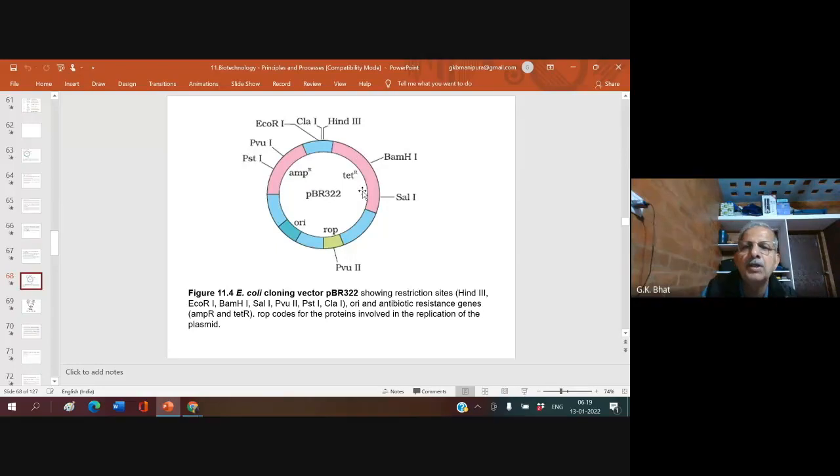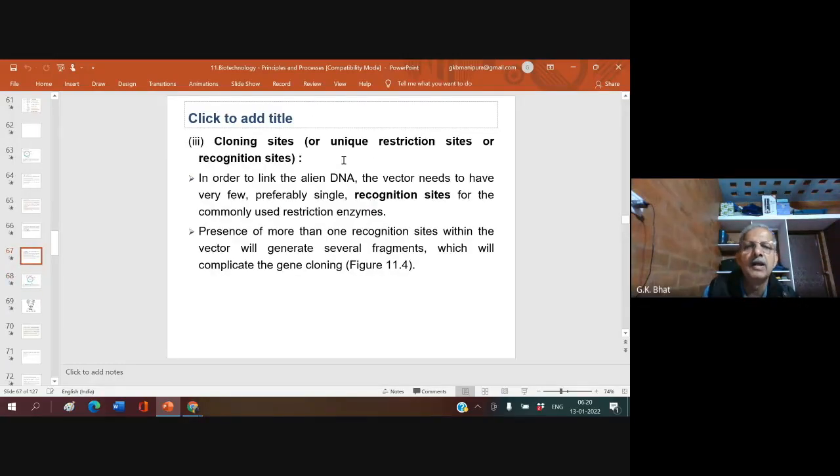In this BamHI restriction site, you have the recognition sequence for the restriction enzyme BamHI. BamHI is a restriction site, and it is also a restriction enzyme. I hope you understand my point. Restriction site, recognition site, cloning site, they are all one and the same.